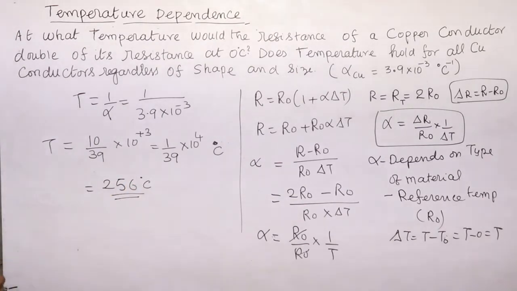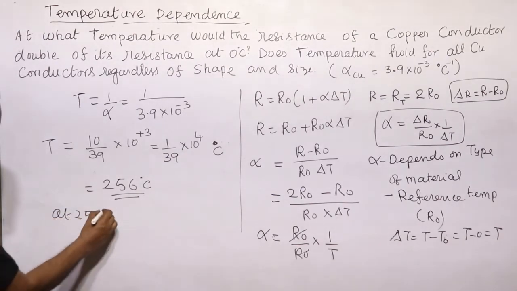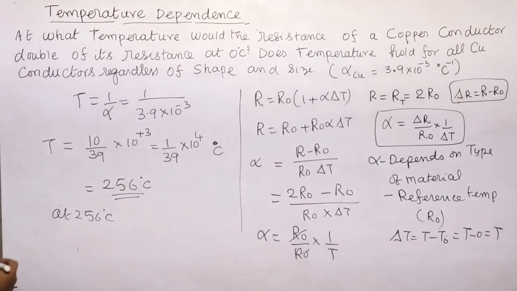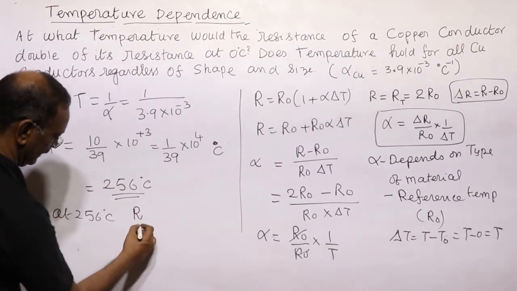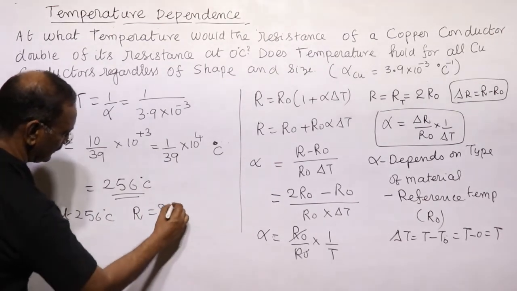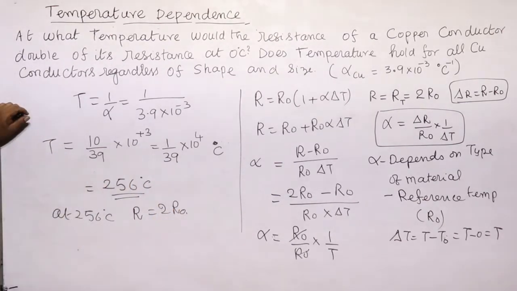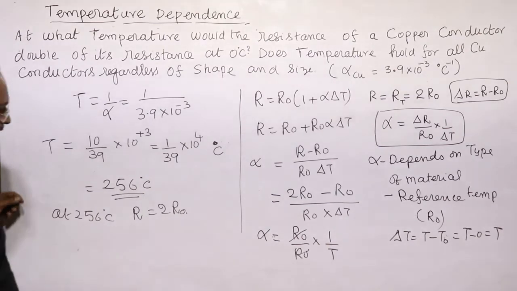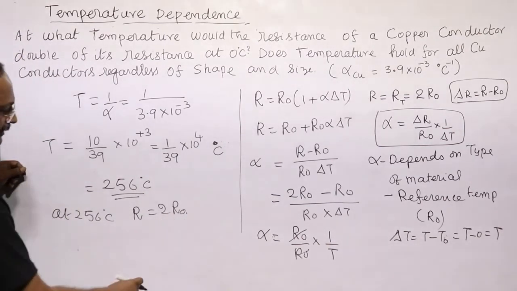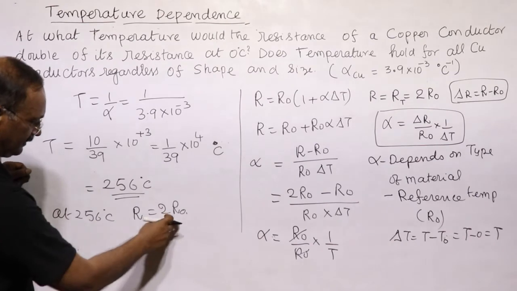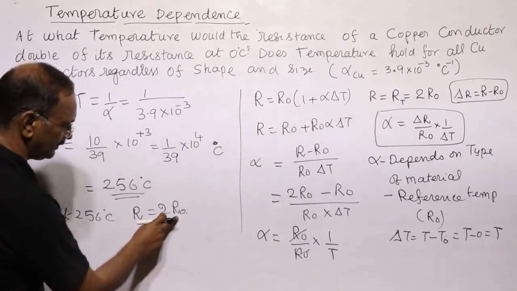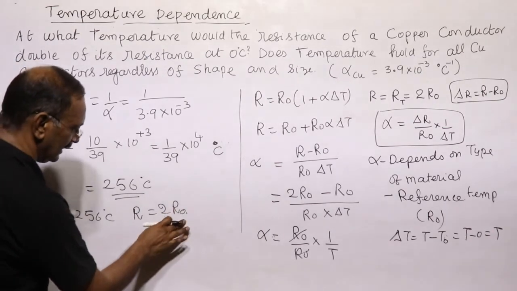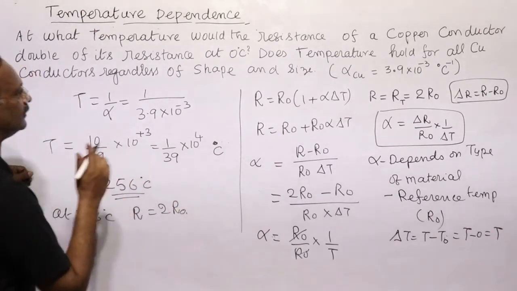So at 256 degrees centigrade, the resistance of the copper wire will be double the resistance at 0 degree centigrade, the initial temperature.